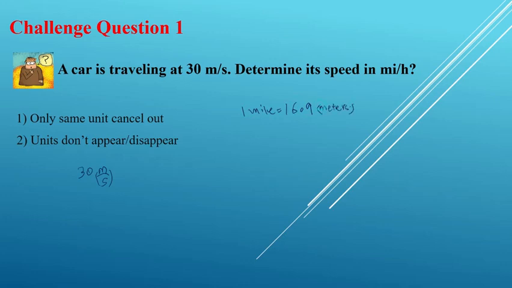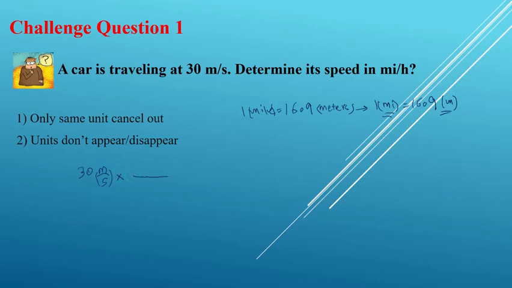The other way I can write this conversion factor is 1 mile, using only the symbols, which is faster to write, equals 1609 meters. So I have 30 meters per second times a fraction.